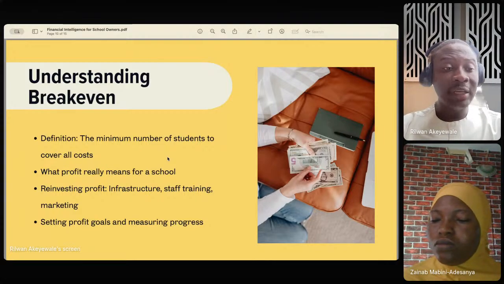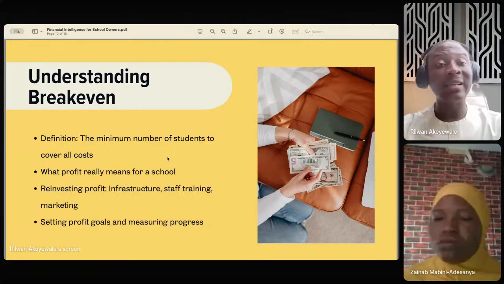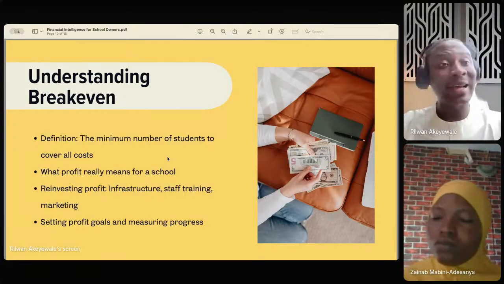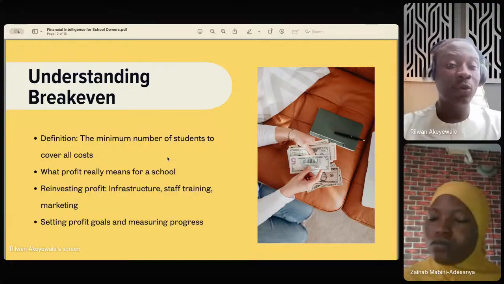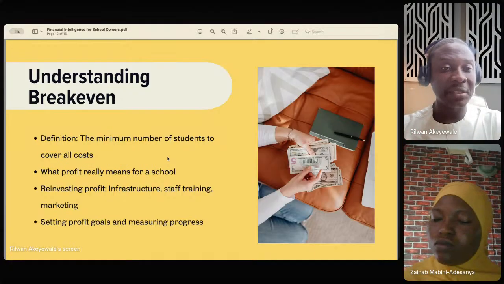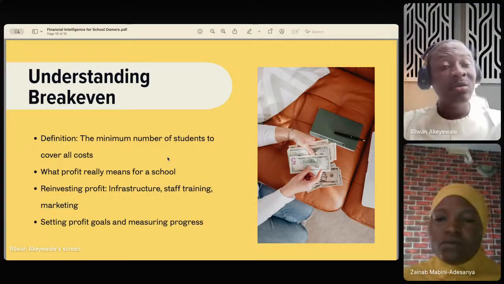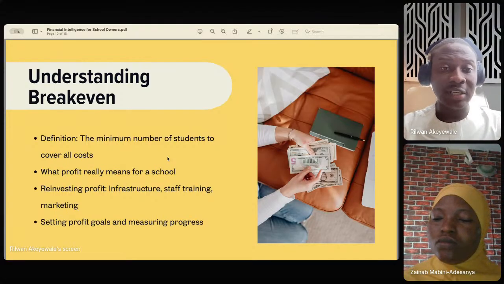Knowing that is powerful. You know that you're just eating at that 60. It doesn't mean that you won't collect school fees from the remaining 40, but you know that that 60 is very critical to you. A lot of schools don't know this. They don't know how to track those tiny figures.